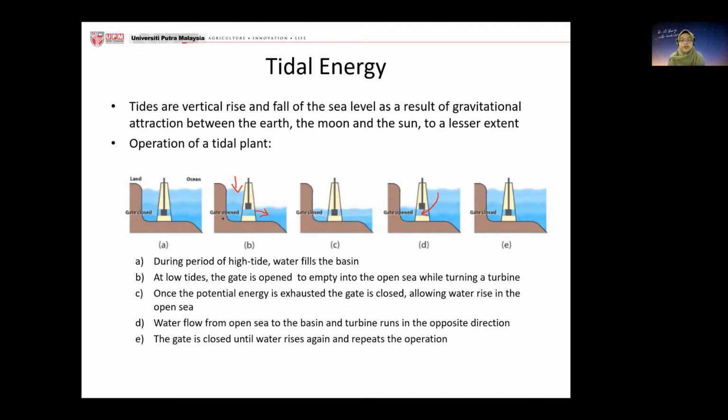So during this situation, it turns one way, and in the second situation, it turns the other way. Both movements will generate the same amount of electricity, right? And then, as the water goes up, the gate will be closed, and then this cycle starts all over again.